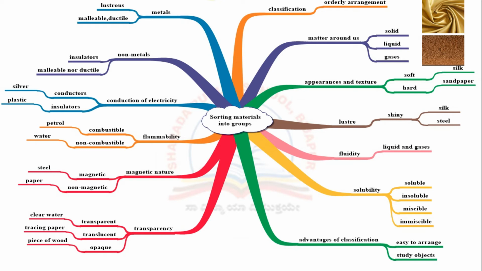Easy to arrange. To study the objects. Students, let us learn about transparency. Transparent materials are those materials which allow light to pass through them completely. Example, clear water. Translucent materials allow light but not detailed shape.